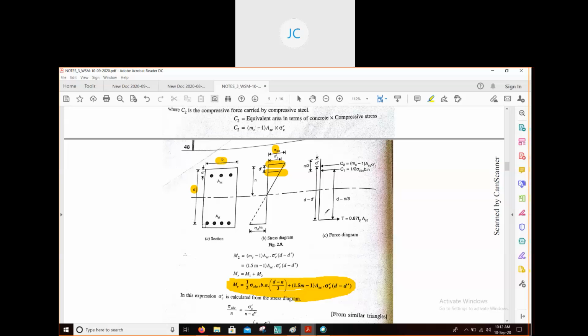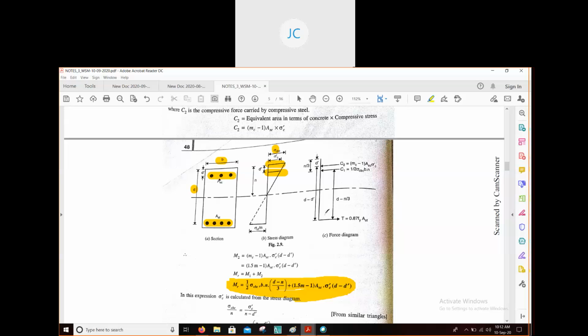Then it is said that you are providing 4 bars of 25 millimeter diameter on the tension side. These are the bars on the tension side. This is a simple diagram, where here it is 3 bars, but in this problem we are providing 4, so another dot will come here.